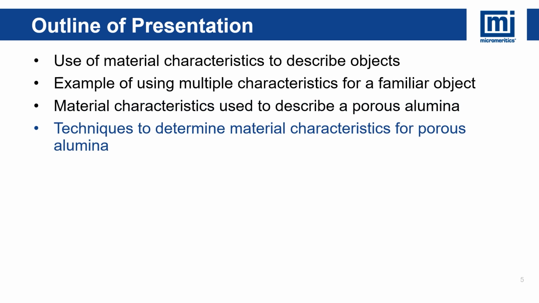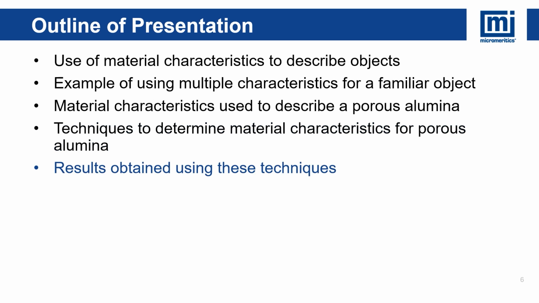We'll take a little bit of time to describe some of the techniques that are used to determine material characteristics for this porous alumina. You can also find additional information, additional description of these techniques by clicking on some of the links that are provided with the webinar. We'll have a look at the results obtained for the porous alumina using these techniques that we're covering today.